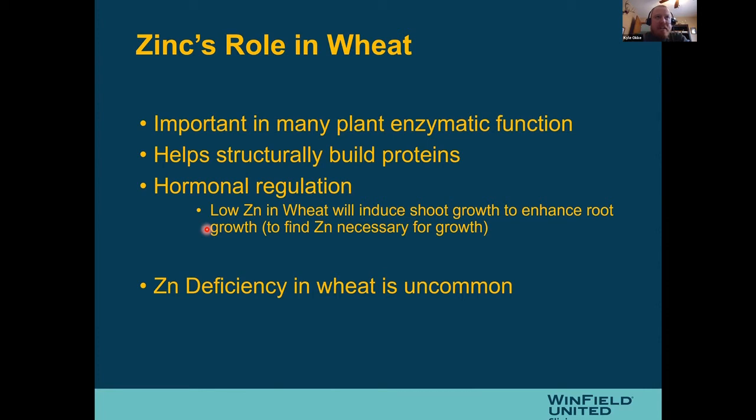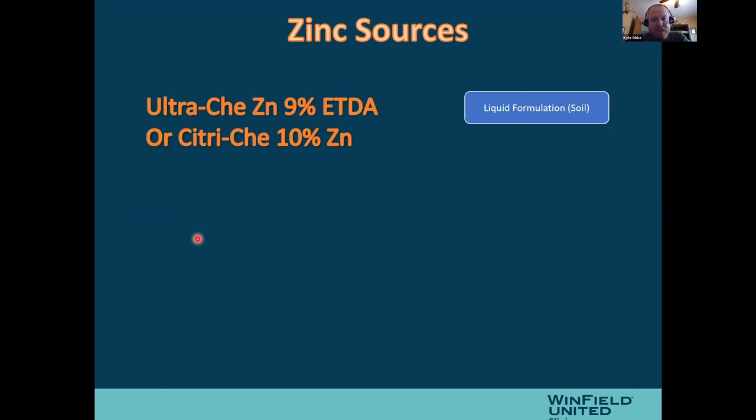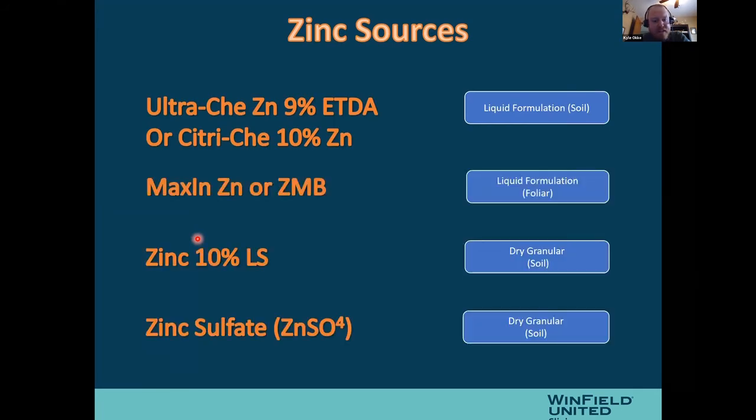And this is why I think we see the MicroEssentials with zinc, and we're seeing so many different blends with zinc added to our wheat starters. I think this is probably one of the biggest reasons, just keeping zinc and phosphate in balance with each other. So again, zinc sources, there's plenty of them out there. Basic is zinc sulfate, which if you have low zinc is just one of the quickest ways to build up your soil levels.